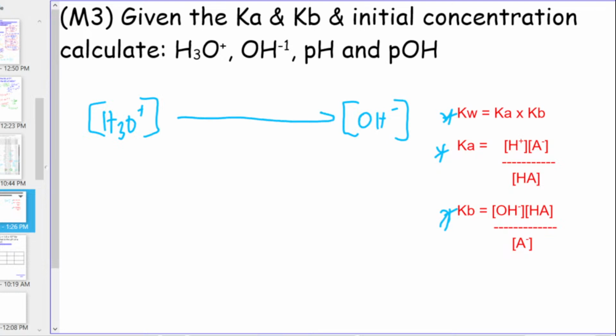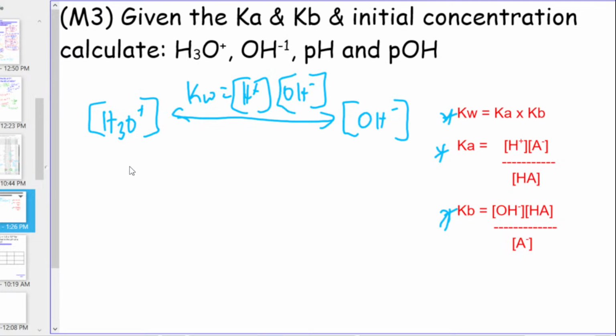When we go back and forth, what relates those two together? Ka times Kb is the one we just did. That doesn't relate OH minus and H3O plus. You're close. It has Kw equals, but Kw equals H plus times OH minus. So we've done that.